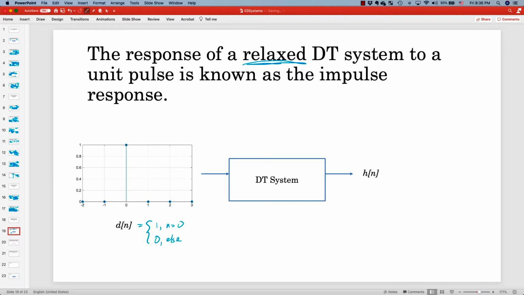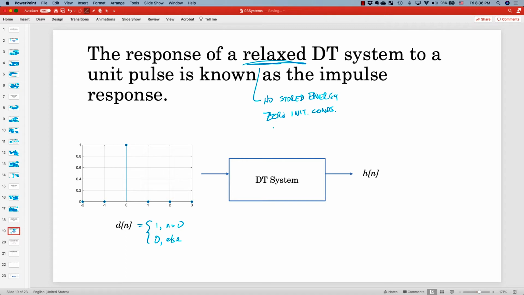I also want to call your attention to this word in the title of this slide: this is the output due to a relaxed system. I haven't used this phrase relaxed much before, but what I essentially mean is that there is no stored energy. Another way to say this is 0 initial conditions.